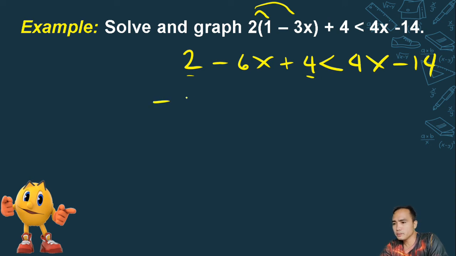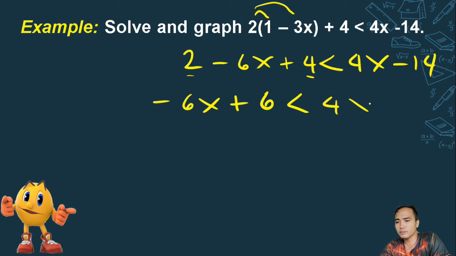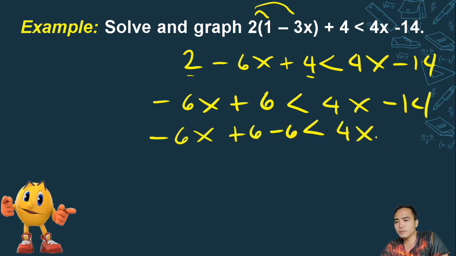So we have negative 6x plus 6 less than 4x minus 14. Next, we're going to eliminate 6 here, so we subtract 6 on both sides: negative 6x plus 6 minus 6 less than 4x minus 14 minus 6.